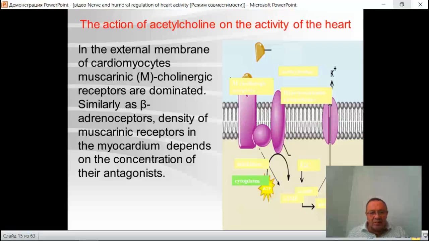In the external membrane of cardiomyocytes, muscarinic cholinergic receptors dominate, similarly to beta adrenoreceptors. The density of muscarinic receptors in the myocardium depends on the concentration of the antagonist.